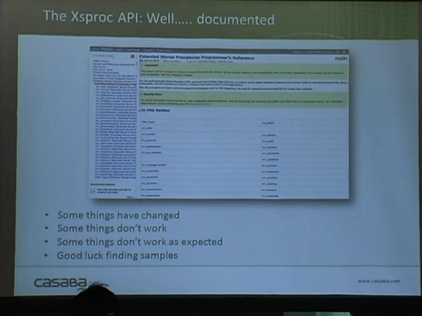But some things have changed, the calling conventions, the data types returned, some things just don't work, like trying to get a bind token. Some things don't work as expected, which is kind of the premise of this talk. And finding samples on this stuff is a pain in the butt. Like if you're looking for the Stack Overflow equivalent of show me how to write a stored procedure or extended stored procedure, you're really not gonna find that.